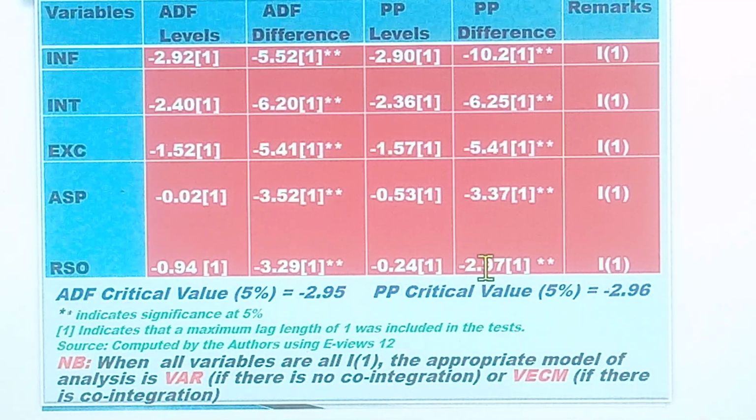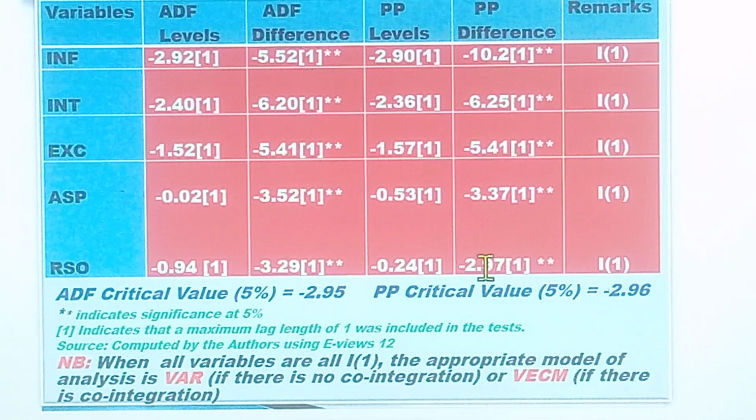Remember, the first condition is the variables are I1. So the second condition now, we want to know whether these I1 variables are co-integrated or not. If the variables are co-integrated and they are all I1, the appropriate model of analysis is VAR, that is vector autoregressive model. This is what econometric theory says. However, if we carry out the co-integration test and we discover that the variables are not co-integrated, despite that they are all I1... I think I'm mixing it up.